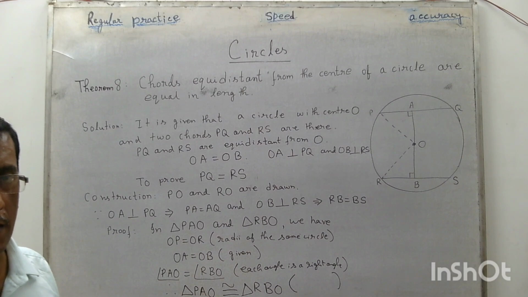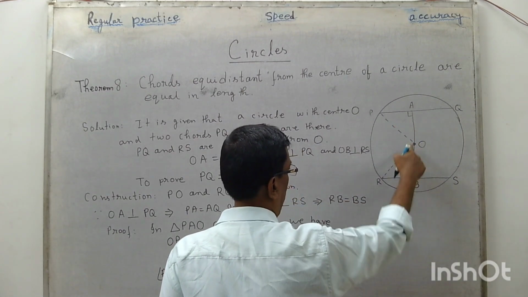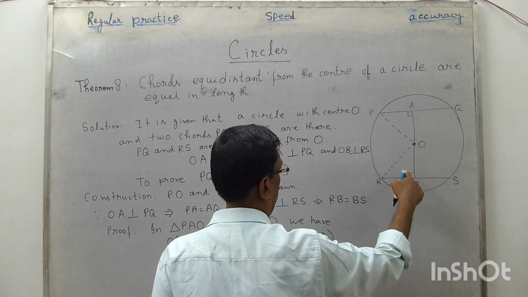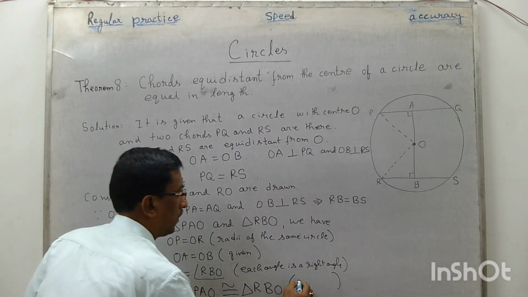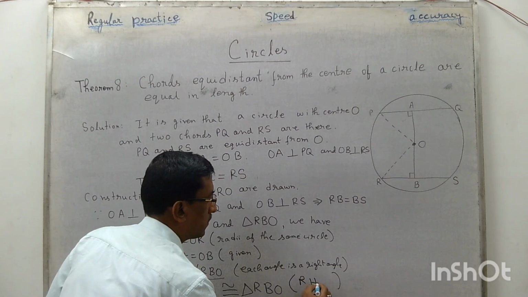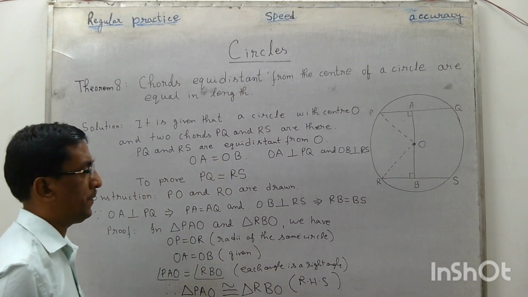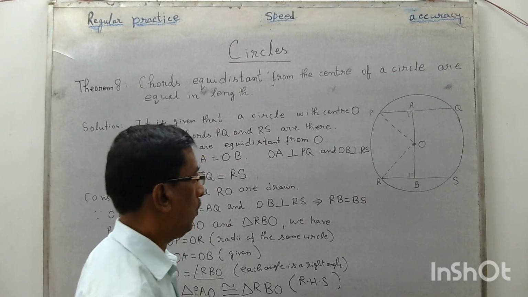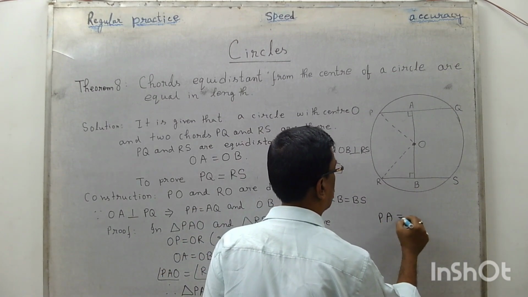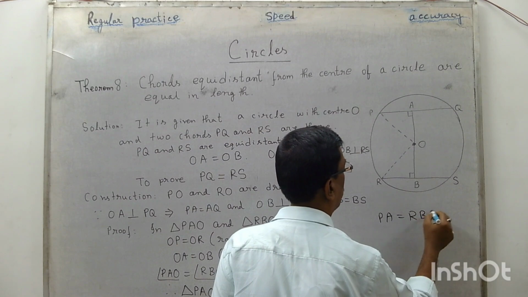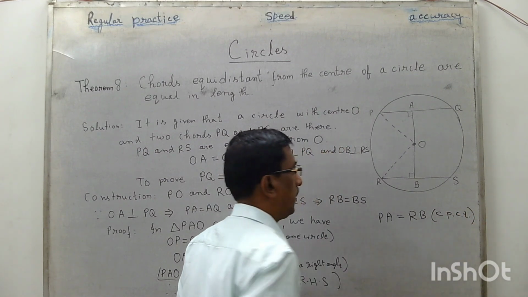RHS, राइट एंगल हाइपोटेन्यूज साइड. So by CPCT we can say PA equals to RB.